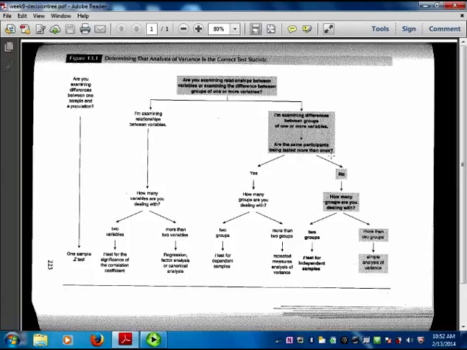If the participants are being tested more than once, you are doing repeated measures. You go to the far left side here and say, yes, I'm doing repeated measures, the same participants are being tested more than once. Then it asks again, how many groups are you dealing with, or how many times they are being tested: twice, 3 times, 4 times.